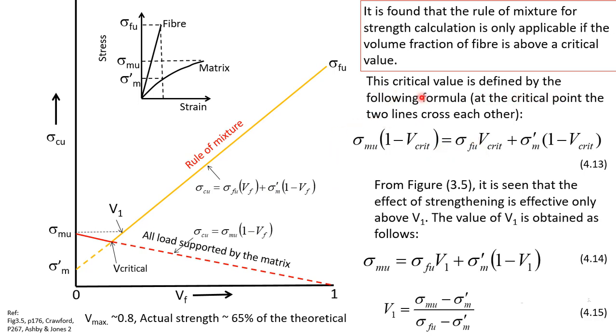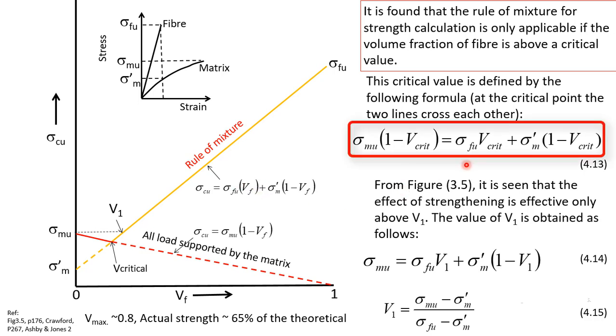So this critical value is defined by the following formula. This one comes from here, and we have replaced Vf by V critical, and the right hand side comes from this one. So by using equation 4.13 we can find out the V critical value for the composite.